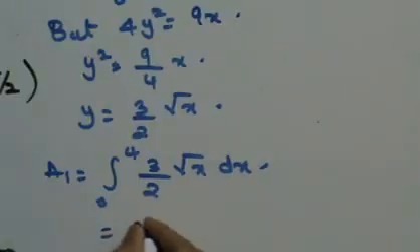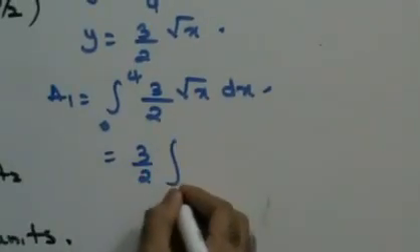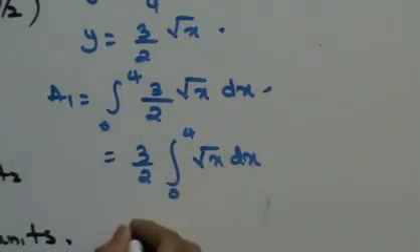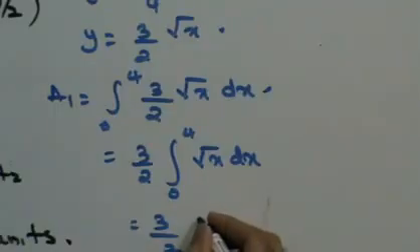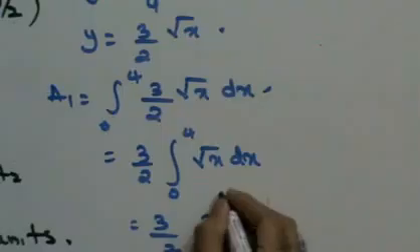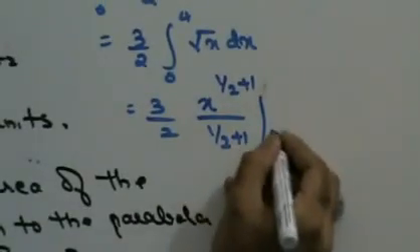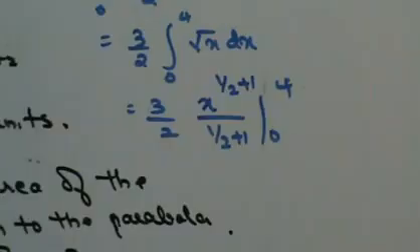Root x can be written as x raised to 1 by 2. So this is going to be x raised to 1 by 2 plus 1 upon 1 by 2 plus 1, when the limits are between 0 to 4.